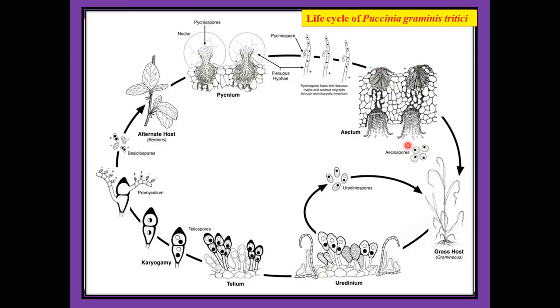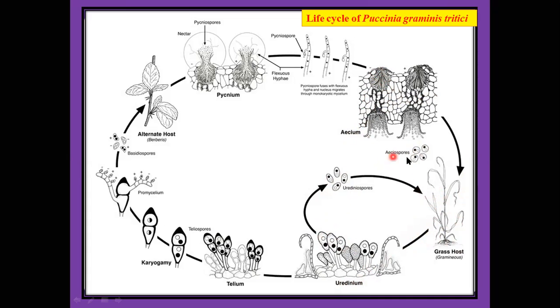So these aeciospores directly land on the grass or maybe the wheat crop and develop the uredopustules. These uredopustules having spores, which are liberated from these pustules and directly land on the nearby grass or on the wheat crop.